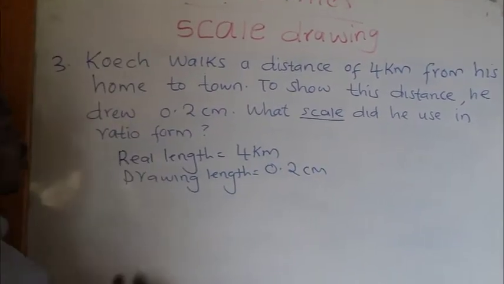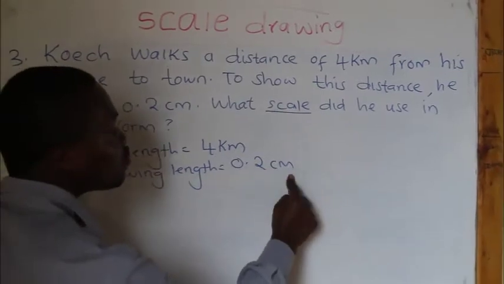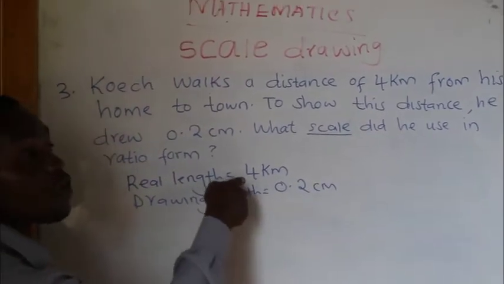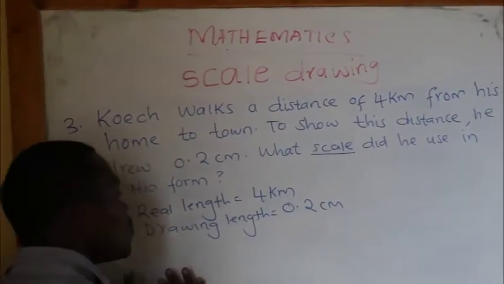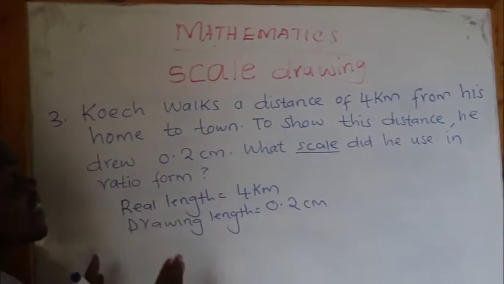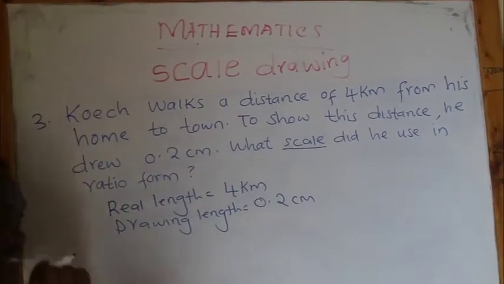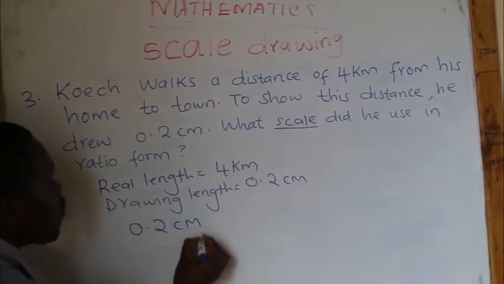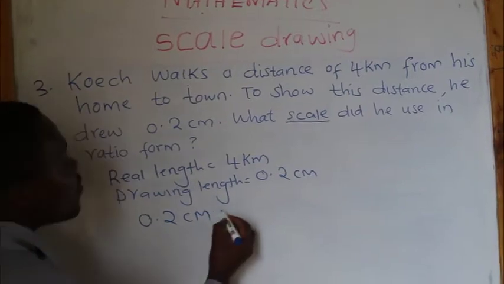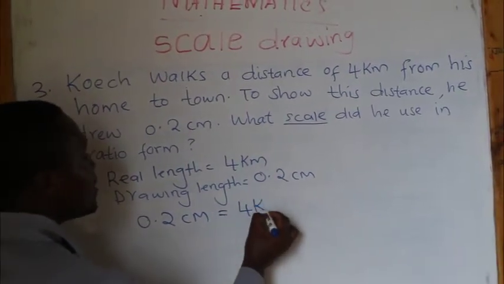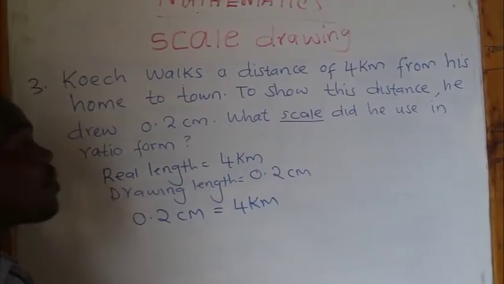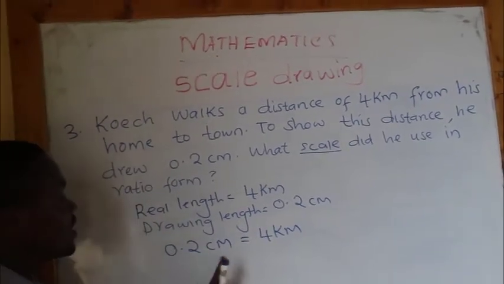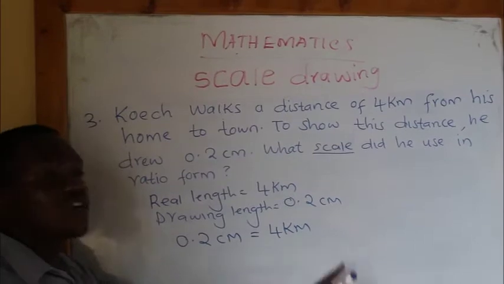So when he draws 0.2 centimeters on a piece of paper, he represents 4 kilometers. That's what I'm going to represent here, just as the English is communicating: when I draw 0.2 centimeters on my paper, I will represent 4 kilometers. So math is all about English understanding. If I draw 0.2 centimeters, I represent 4 kilometers.